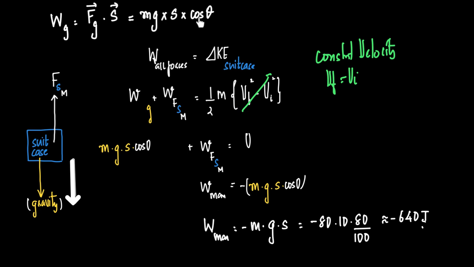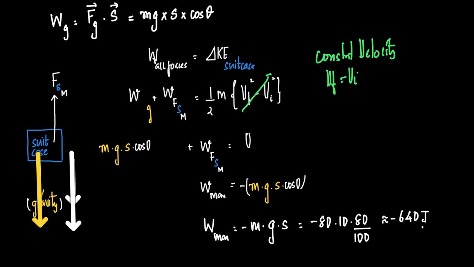Now how do we find out theta? Theta is the angle between the force of gravity and that of the displacement vector.